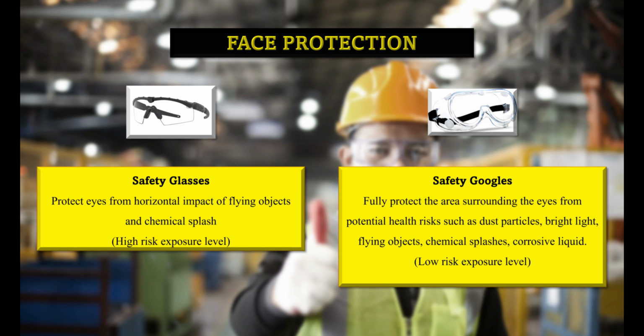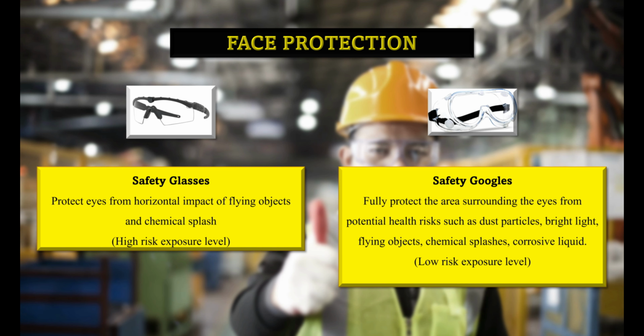Face protection. Safety glasses protect eyes from horizontal impact of flying objects and chemical splashes. The risk exposure level of the wearer after wearing safety glasses is still considered to be high because safety glasses do not fully protect the area surrounding the eyes. Therefore, chemical splashes still can contact the eye by going around the safety glass.